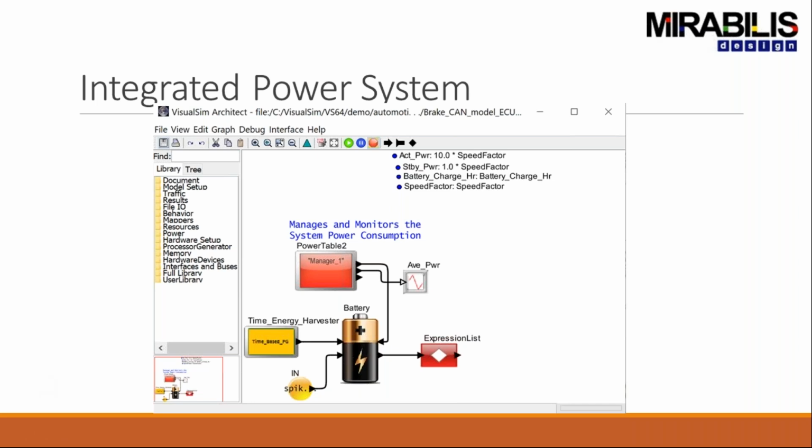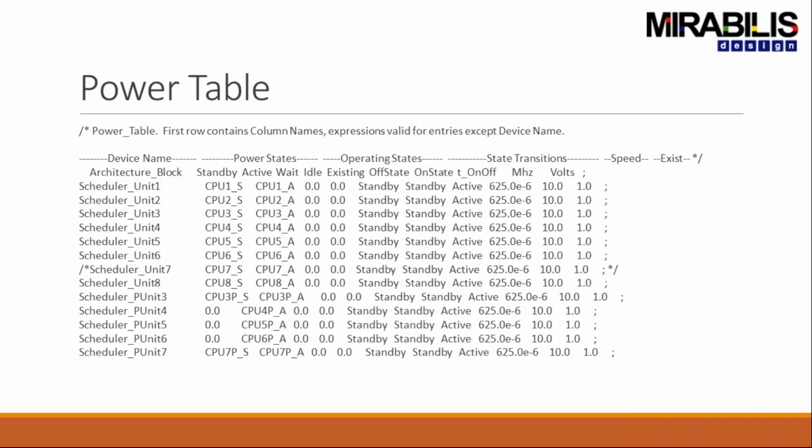This slide shows how a power manager is filled up with details. We can see the different states, the device name, power states, OS, and state transitions. And we can see the different states which are column names.